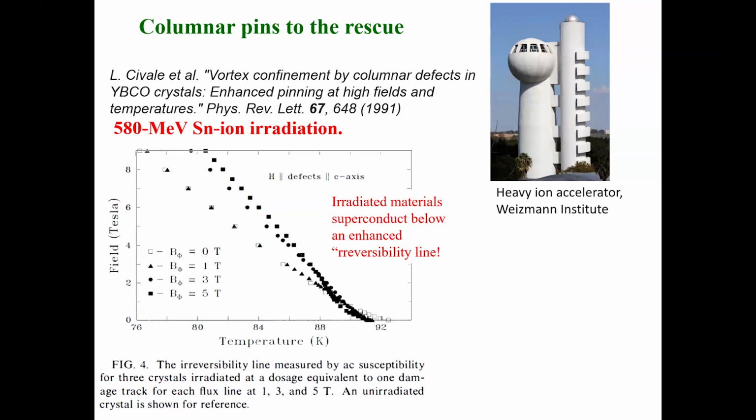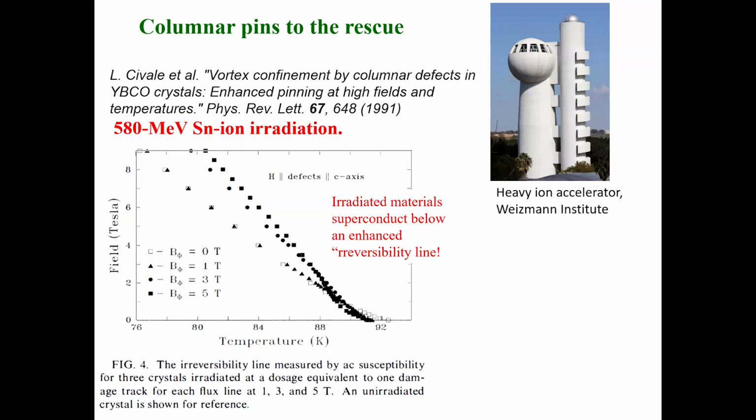And they shoot them at this poor, innocent little sample, and they puncture holes through it, holes of damage tracks. And these cylindrical damage tracks create locally normal metal, and that's where vortex lines like to go. And so you want to hold them in place. You want to stop them from moving so that you can have supercurrents go through this thing.